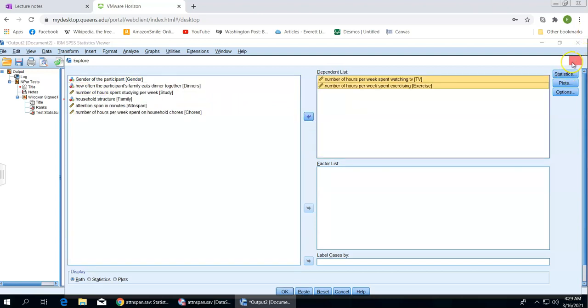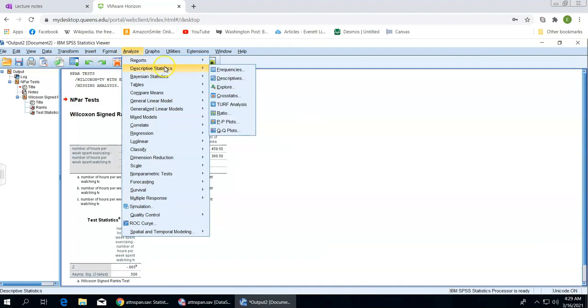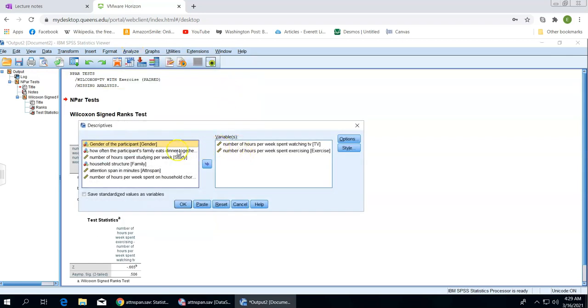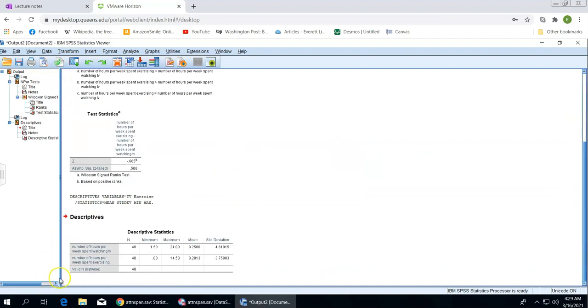Move that over. The other thing you can do that'll work this time, not for the second test we're going to run, but if you don't need quite as much information as for Explore, you can run it under Descriptives. And you see I've already taken the 2 variables and moved them over. Click OK. We get just kind of an abbreviated descriptive statistics output.